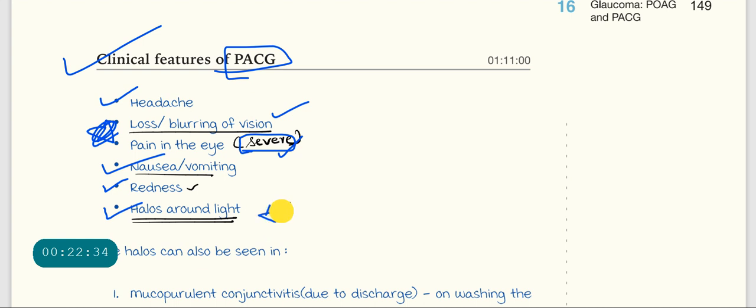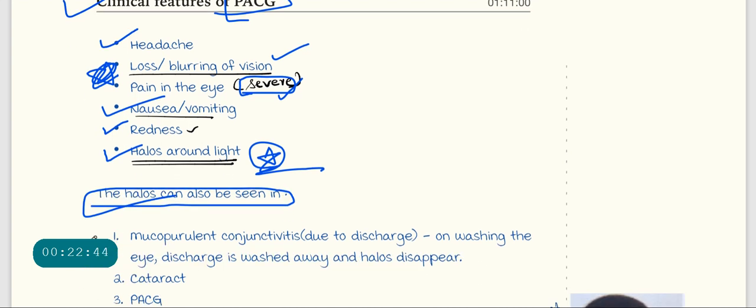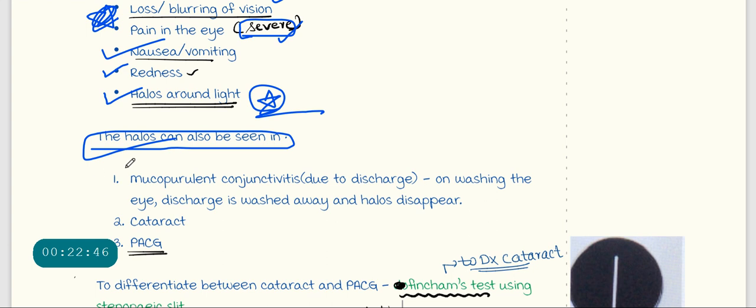Now, halos can also be seen in other conditions: mucopurulent conjunctivitis, cataract as we studied, and now PACG. These are the three conditions in which you can see halo formation.